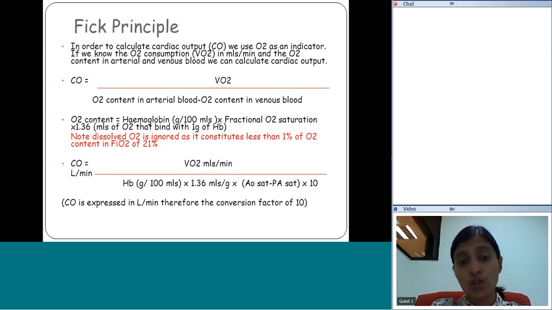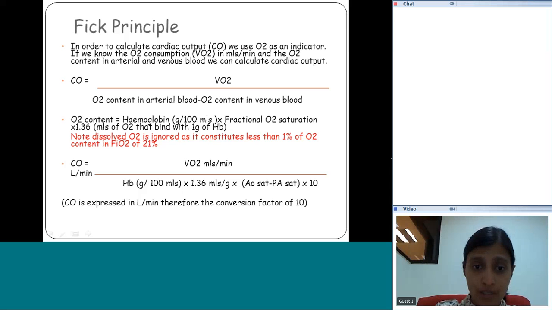So coming back to here, the cardiac output is VO2, which is oxygen consumption, divided by oxygen content. You can see in the calculation below how this is worked out.